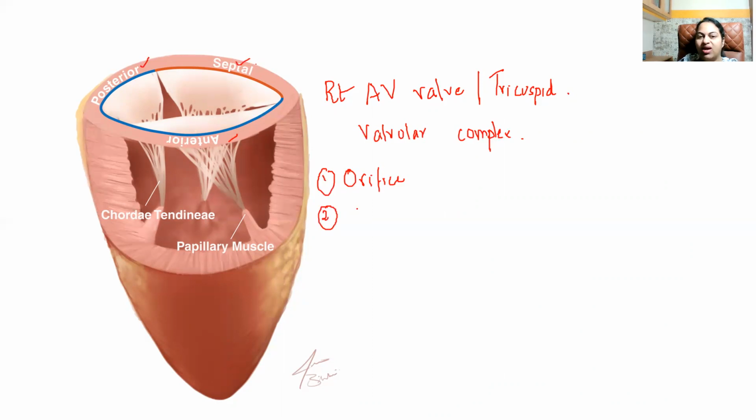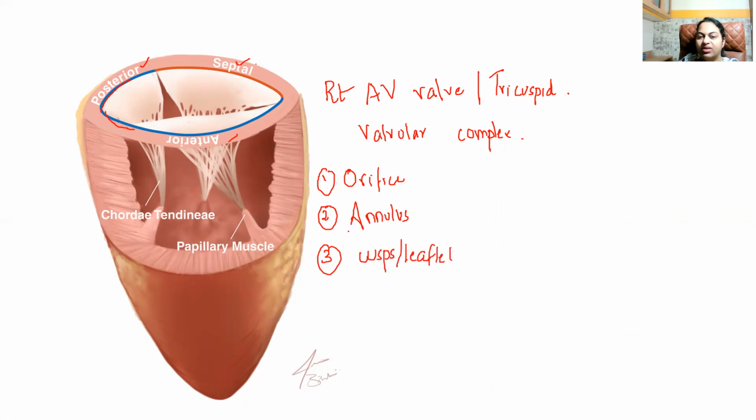Second one, the annulus. The annulus is the collagenous base, the collagenous ring to which the cusp is attached. And the third one, the cusp, which are also called the leaflet.